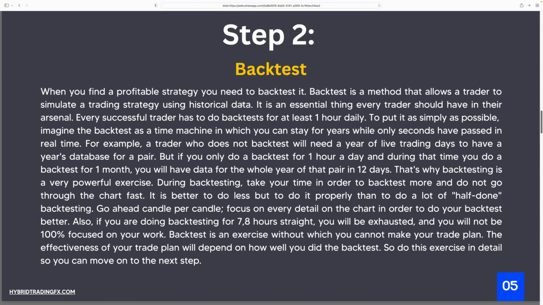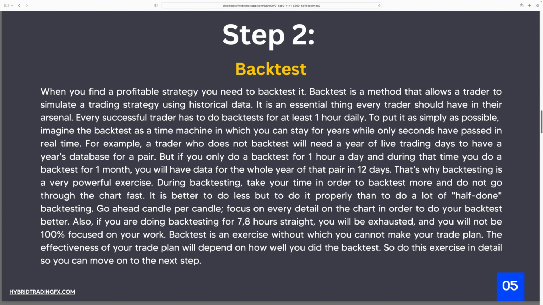So I don't like to do that. I like to have large amounts of data, and a hybrid strategy can be backtested years and years in the past. So that's really important for you guys, because if you start to trade a strategy that you have not backtested, you're gonna have problems.